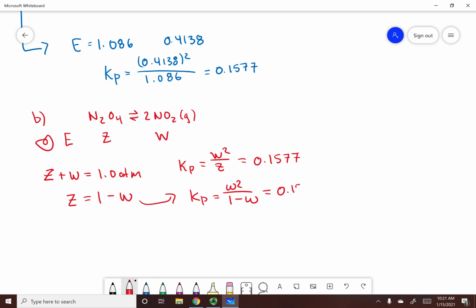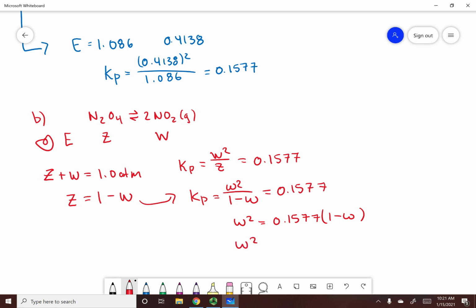Now what I can do is multiply both sides by 1 minus W. So I get W squared equals 0.1577 times (1 minus W). I'm going to distribute, and I'm also going to rearrange things so that I get everything on one side.